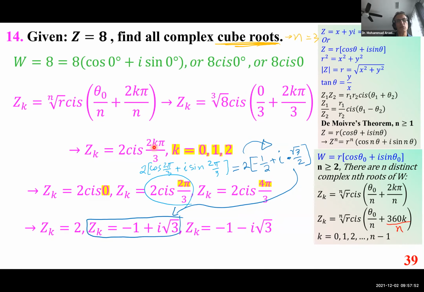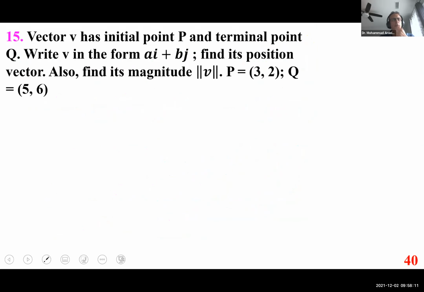Repeat, if k is 3, the 3s cancel each other, you get 2 cis 2 pi, which is the same as 2 cis 0. So if you choose the next number, you get back to the first one. That's why it stops, as was mentioned here.